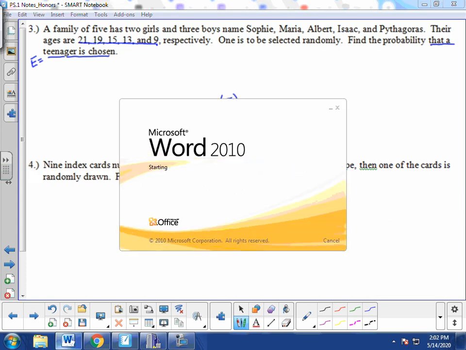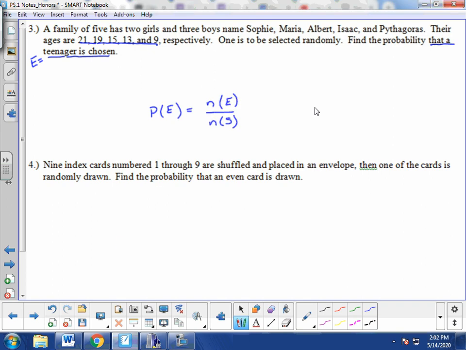They gave us the names. They told us that we had boys and girls, but that's not really important here. What we're looking at is if it's a teenager. So the age is what is determining the sample space here. So we have 5 people that we are selecting 1 from. So our number in the sample space is 5.